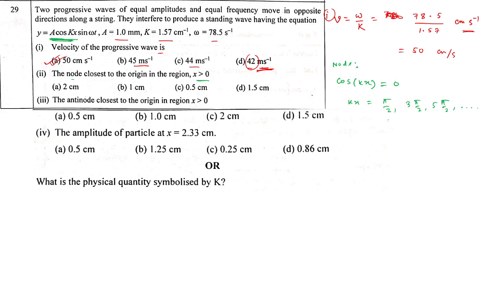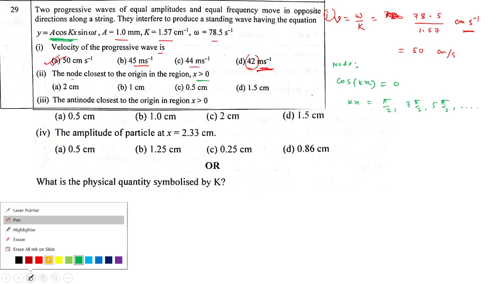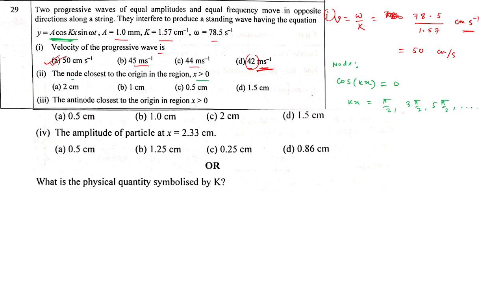If you write 2 into pi by 2, this is basically pi, and cos pi is equal to -1. So this will not give 0.